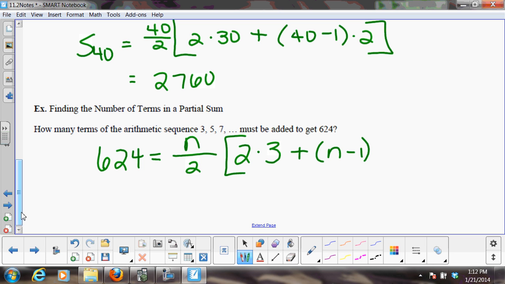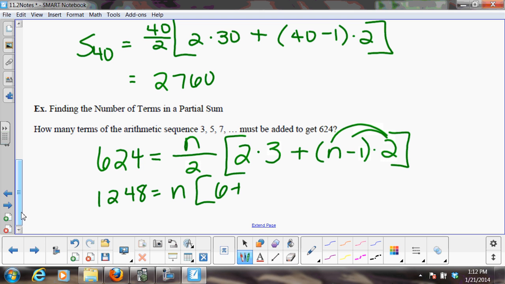N minus 1 here. And then they're going up by 2, so our d is 2. So we're going to distribute all that. Actually, I'm going to get rid of this 2 as well. So 1248 equals n. And then at our brackets, 6 plus 2n minus 2.